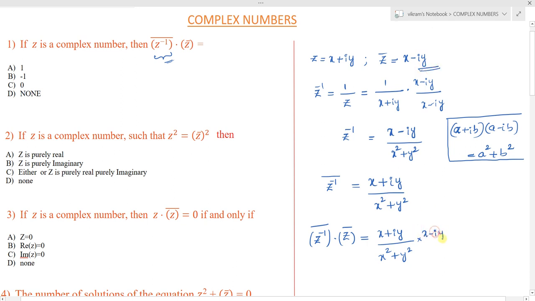We discussed that x plus iy into x minus iy is x square plus y square, and the denominator is x square plus y square. Simply we get the result as 1. So the solution for this one is 1. Which option is correct? Option A is the correct one. So this is the way of solving the first question.